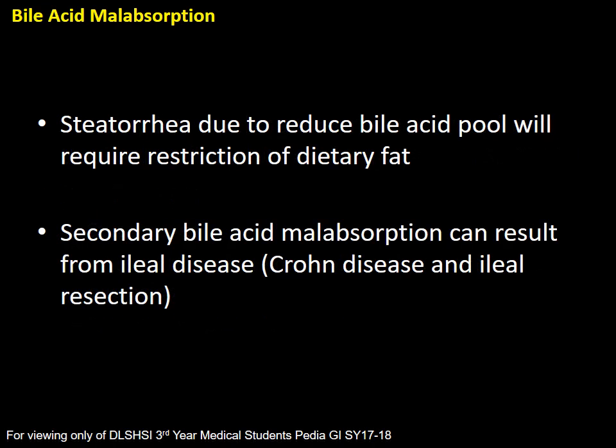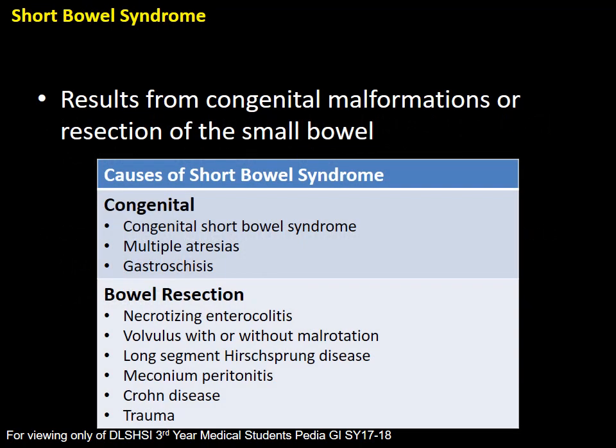What is steatorrhea? It is due to the reduced bile acid pool that will require restriction of your dietary fat. On the other hand, secondary bile acid malabsorption can result from an ileal disease such as Crohn's disease or ileal resection.